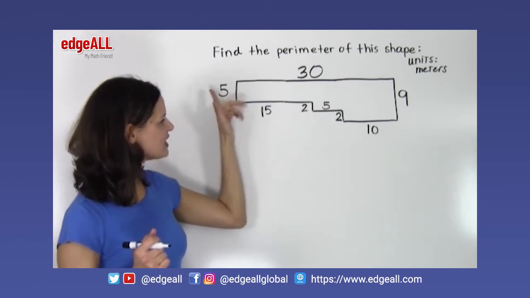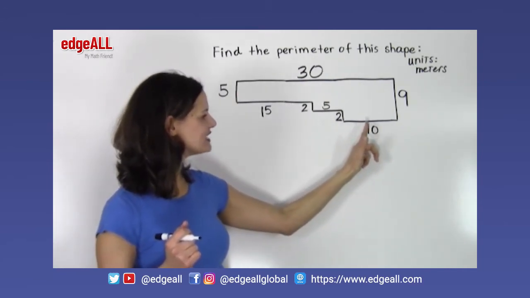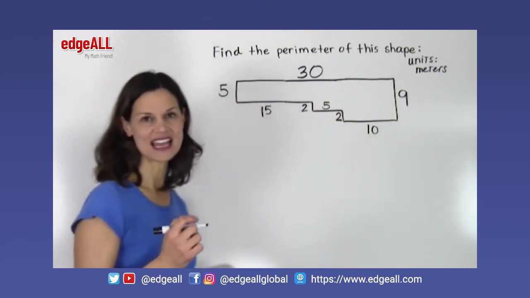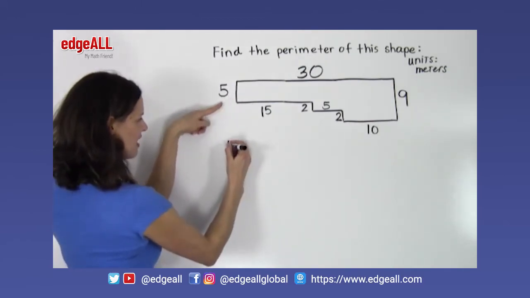So now that we know the length of each side, we are going to add all of these lengths together to find our perimeter. We need to make sure that we remember every number and we don't leave any out.